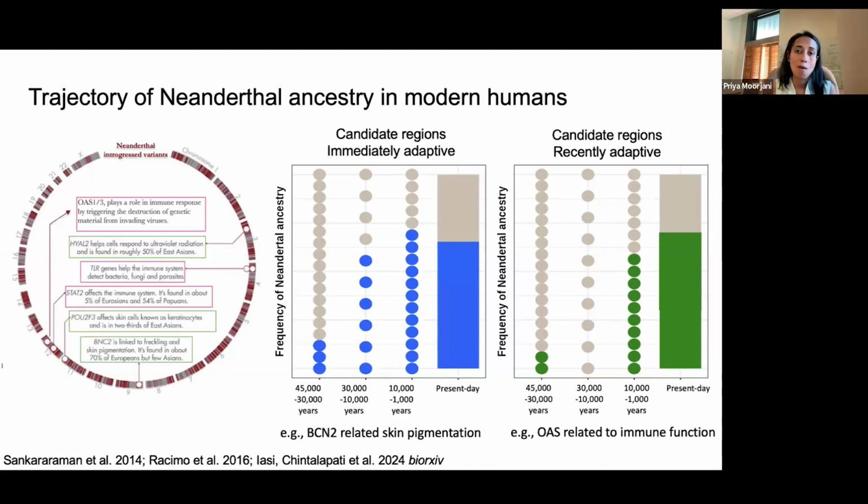Maybe we inherited the raw material from Neanderthals, but in that environment, it was not particularly important because it didn't provide any major adaptation to the environmental conditions. But as the climate changed, maybe as things changed after the last glacial maximum, something changed in our environment that made these variants beneficial.